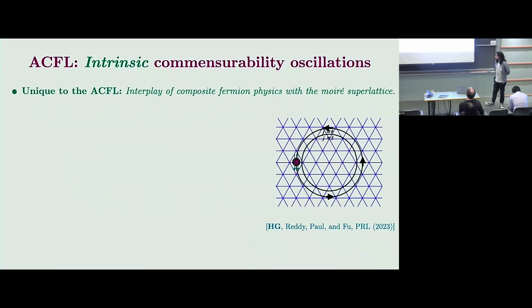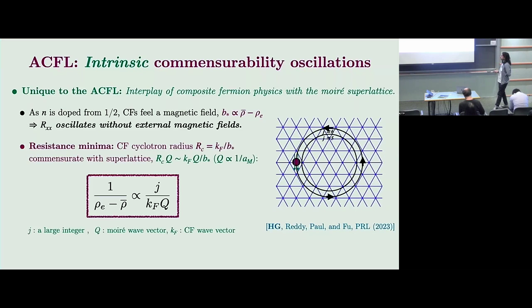So something really cool about the Moiré case is that you have a built-in Moiré potential. So you don't even need to apply an external electric potential. And you may still then see quantum oscillations just by doping density away from ν equals a half. And in particular, what one will then find are resistance minima with periods set by the Moiré wave vector.